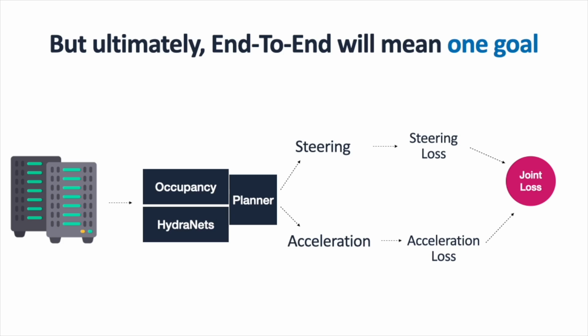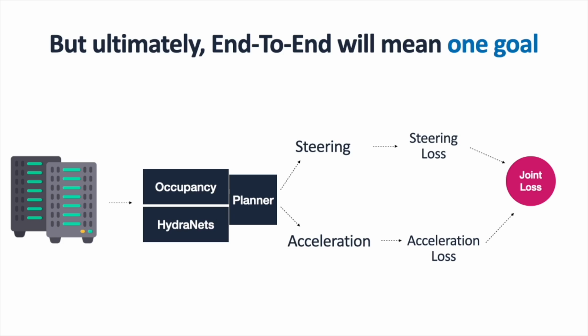It means that rather than having occupancy and HydraNets trained and optimized just on finding elements and objects, they are now also optimized on how the planner is going to predict the steering wheel and acceleration values. That is the biggest thing. Maybe I have to repeat this.